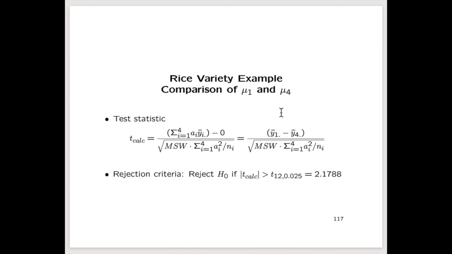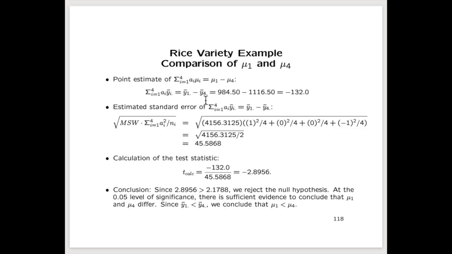The numerator of the test statistic is y bar 1 dot minus y bar 4 dot, and then we would use those same contrast coefficients in calculating the denominator, the estimated standard error of that difference in the numerator. The critical point, again, is 2.1788. It's going to be the same value for all of these pairwise comparisons.